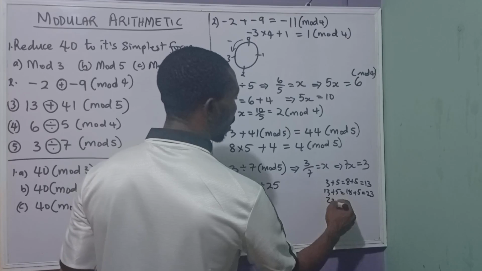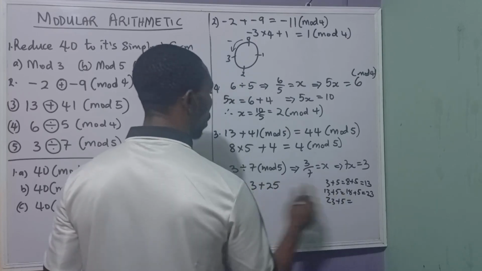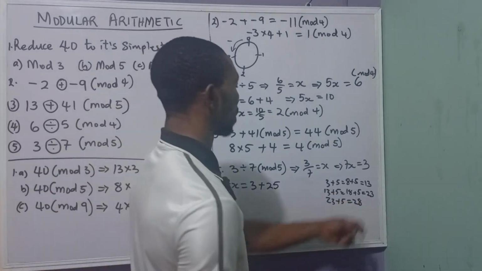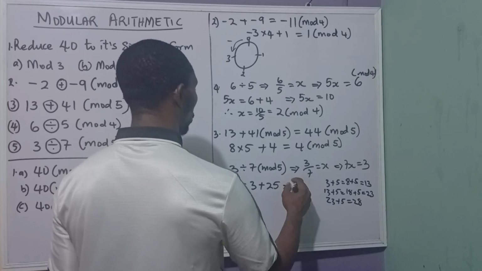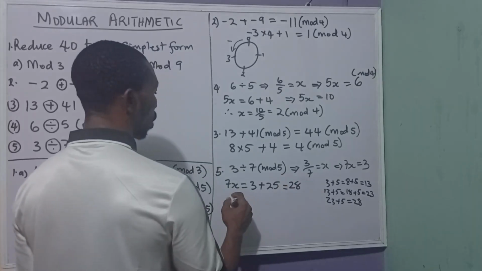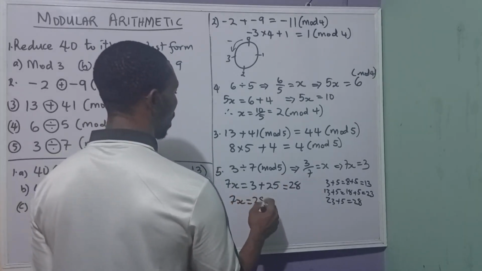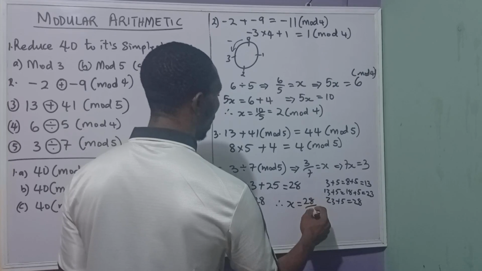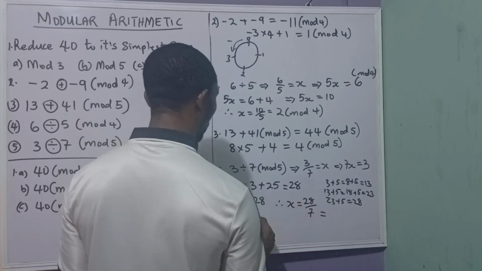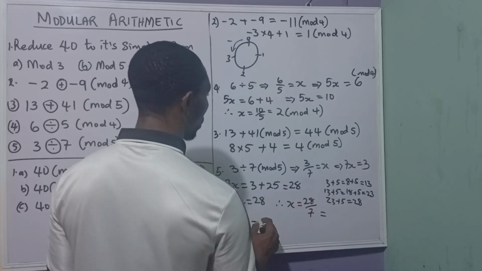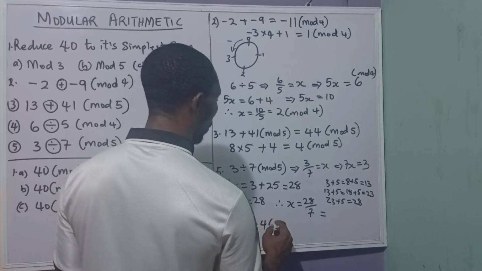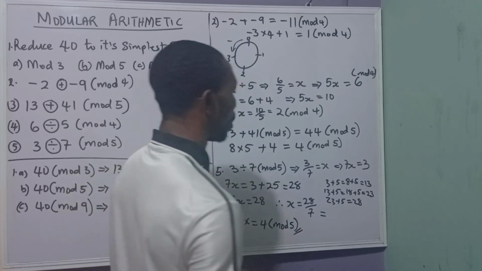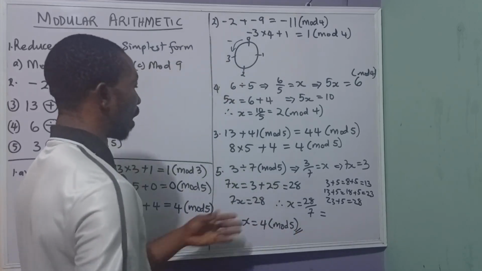So 23 plus 5 will give us 28. Now this is divisible by 7. So our 7x equals 28. Therefore, x equals 28 over 7, which gives us x equals 4 mod 5. Alright, that's for our division.